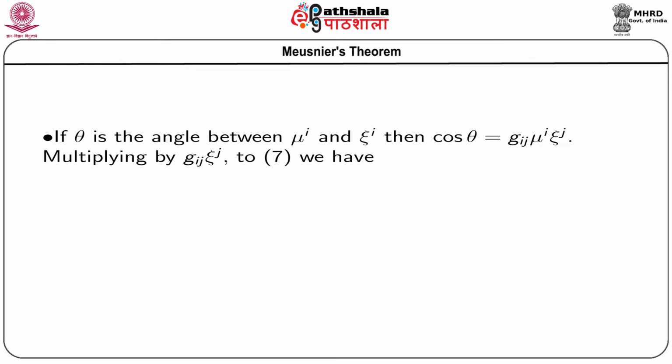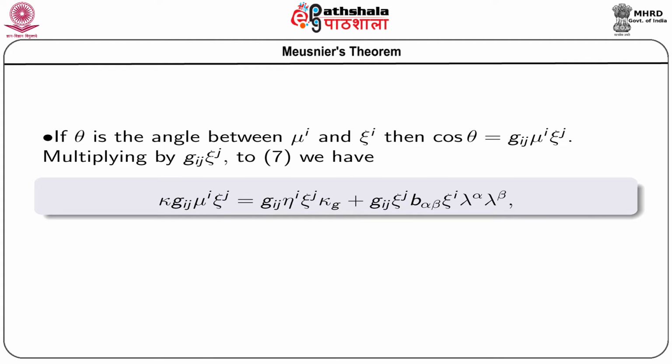Now, if equation 7 is multiplied by gij xi j, then we have kappa gij mu I xi j equals gij eta I xi j kappa g plus gij xi j b alpha beta xi I lambda alpha lambda beta.